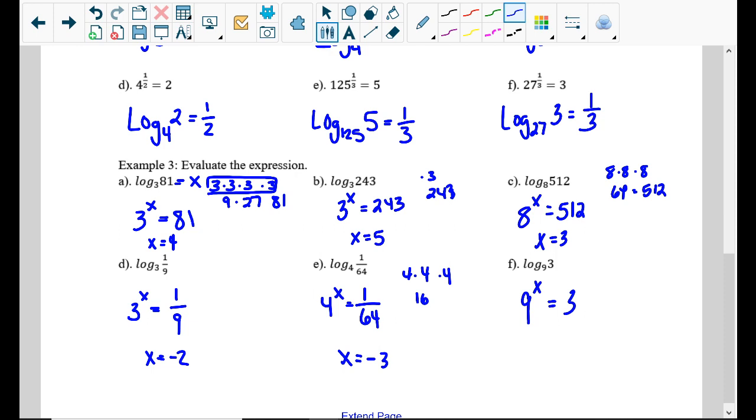Square root of 9 written as an exponent is 9 to the 1/2. So in this case, x equals 1/2. So that is your logarithms and logarithmic functions. So short notes today.